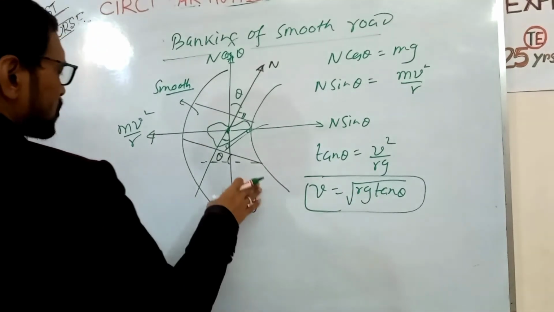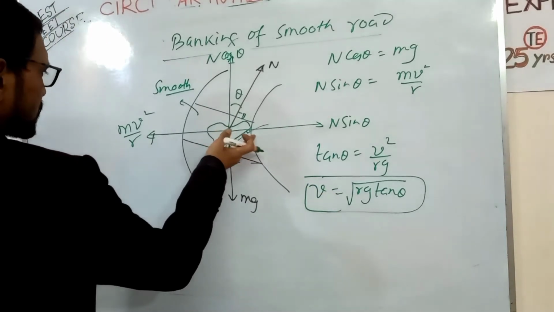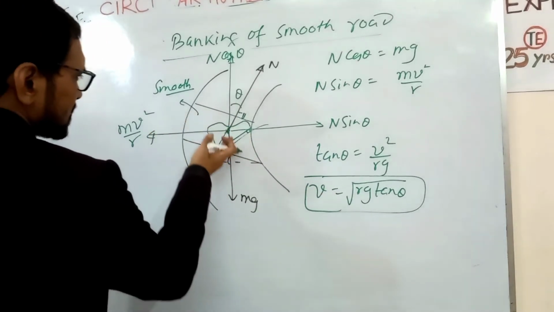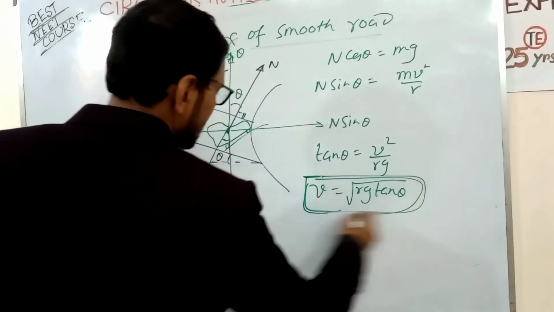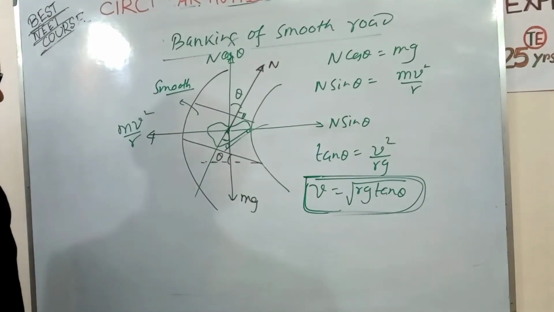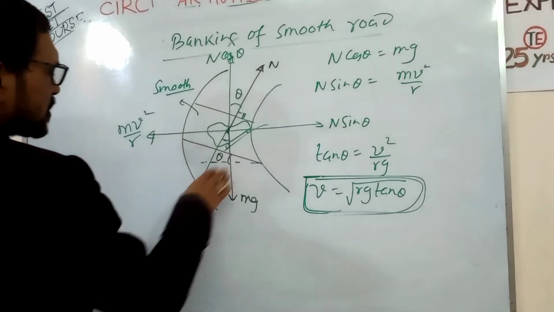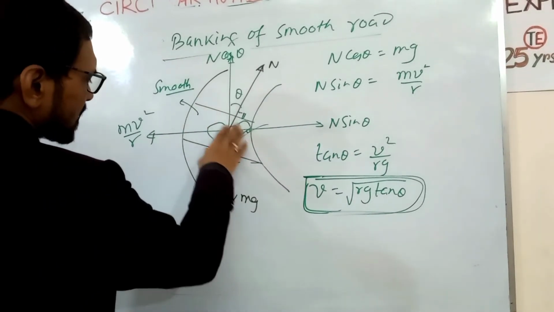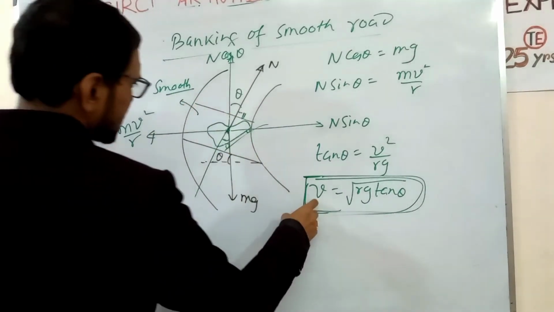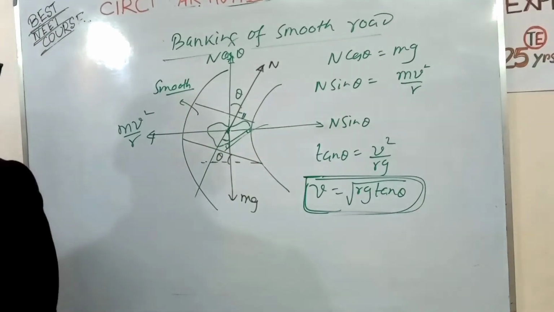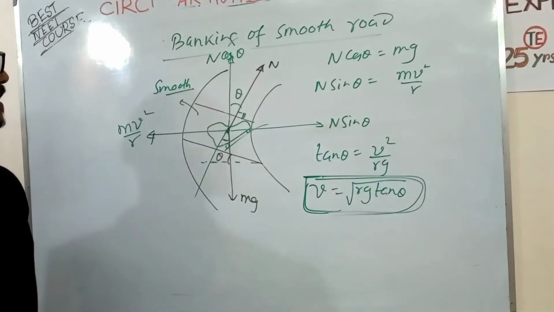When velocity is minimum, the car goes down. When velocity is more, the car goes up, so that this equation is satisfied and he can take a safe turn. So this is the velocity for a smooth banking road.